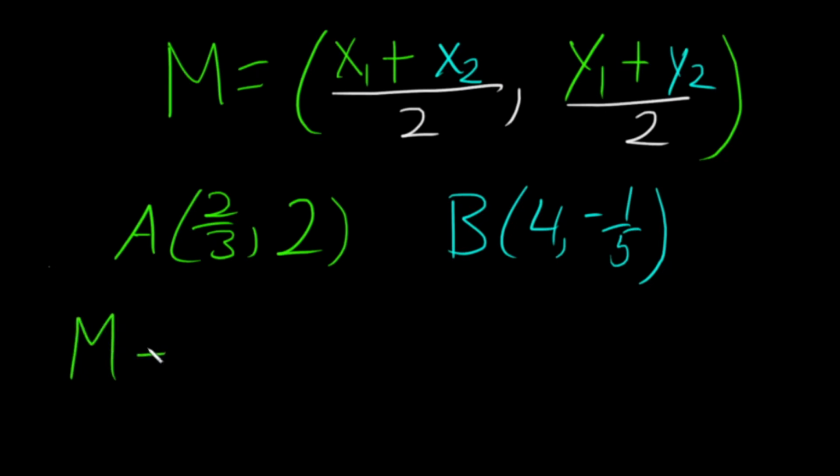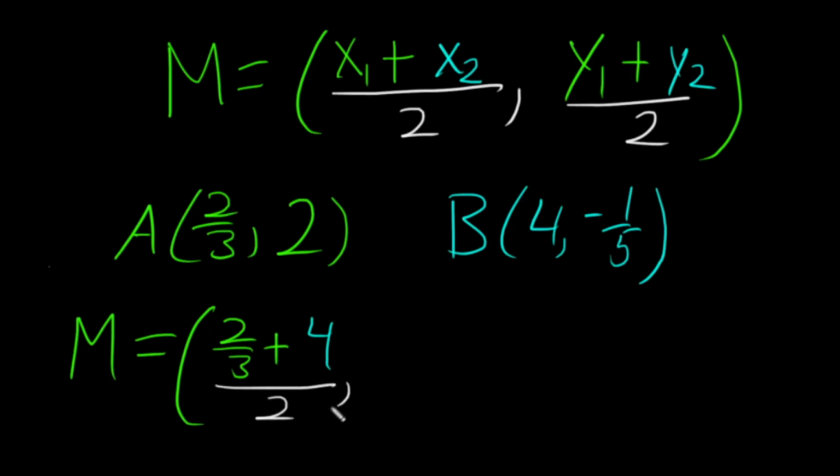So the midpoint is still going to be our x1 value, remember this is our x1, so 2/3 plus our x2 value, which was 4. We're still going to divide by 2, comma, our y1 value, which was 2, plus y2, which was -1/5.